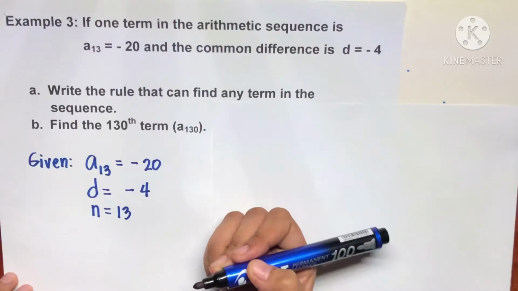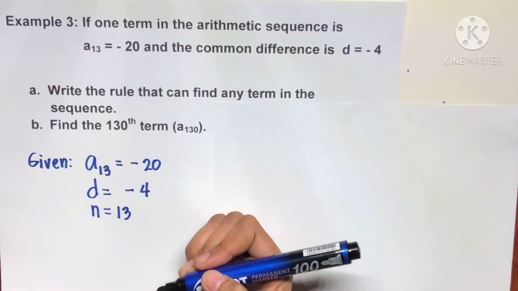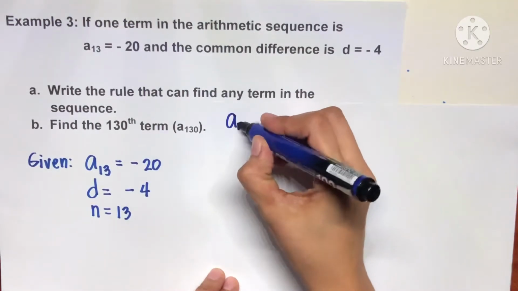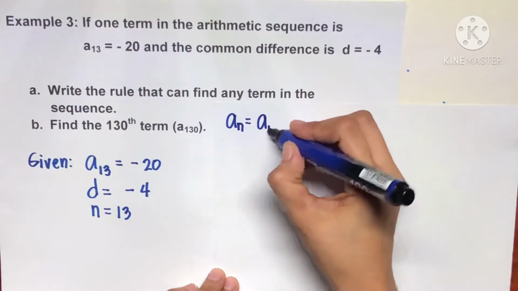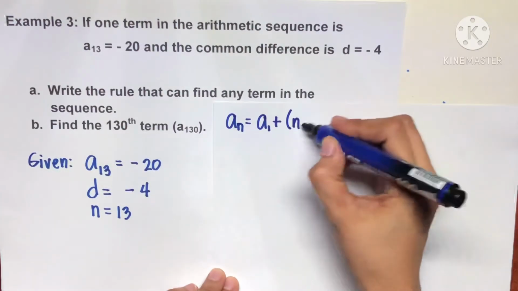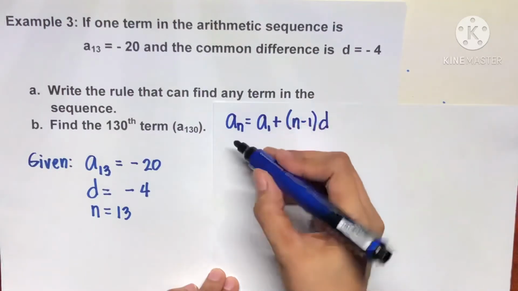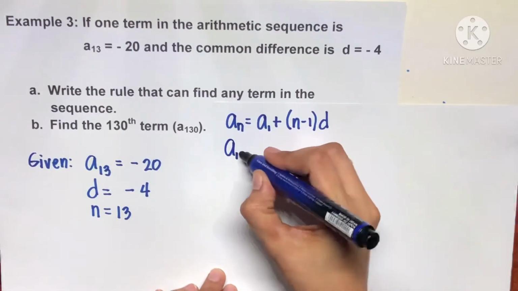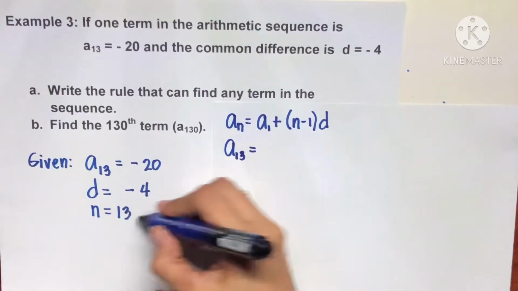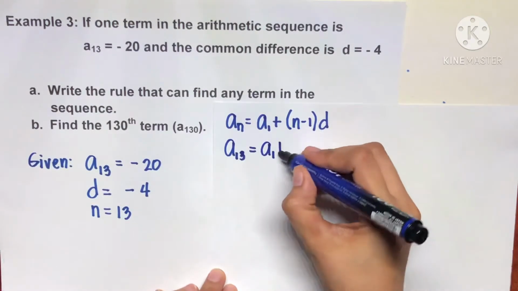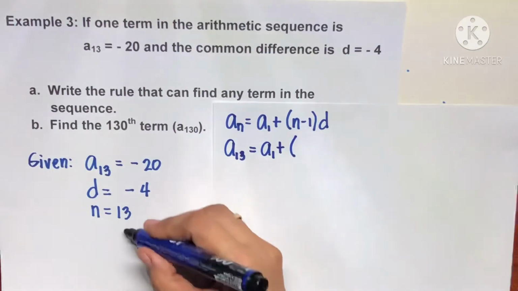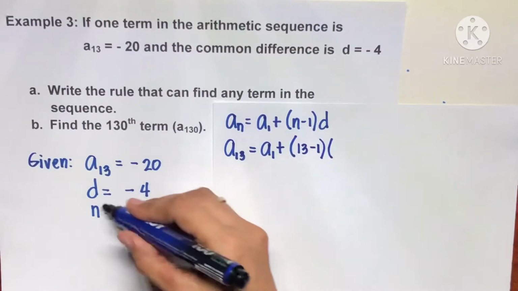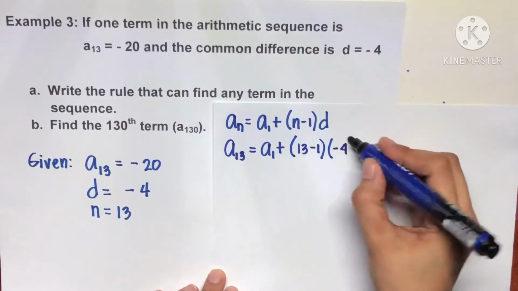So we will use the formula of arithmetic sequence in finding the value of a sub 1. So a sub n is equal to a sub 1 plus the quantity of n minus 1 times d. So we have here a sub 13, because our n is 13. So a sub 1 is a known, plus n, which is equal to 13, minus 1 times the common difference d, which is negative 4.